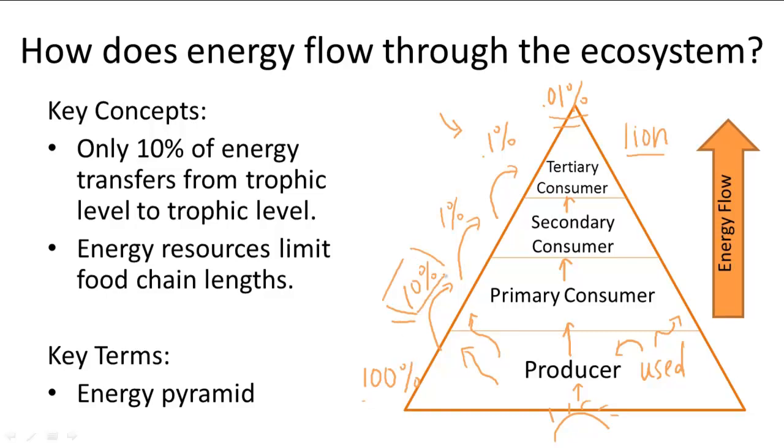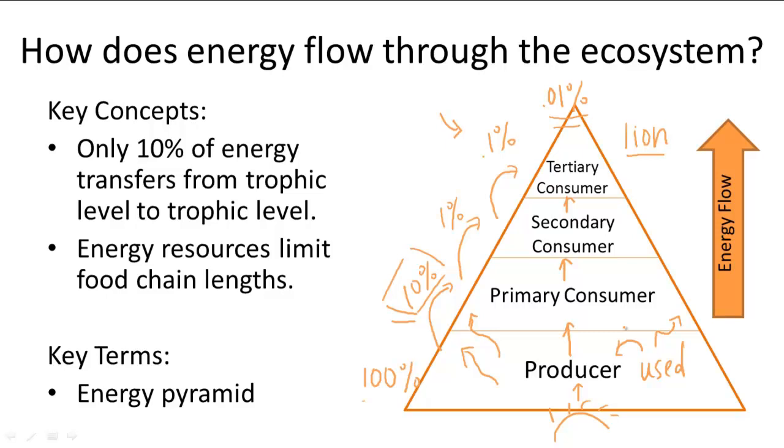They get 10% from these producers, whereas secondary and tertiary consumers have to eat more to gain the same amount of energy. So remember, eating lower on the food web and closer to the original source of energy is a more efficient intake of energy.